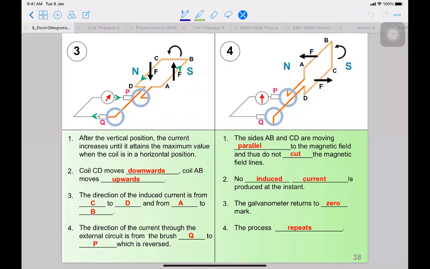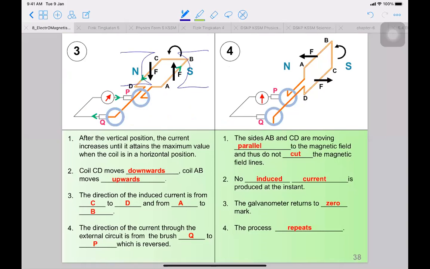Okay, now the third one. Third one, after the vertical position, the current increases until it attains the maximum value when the coil is in a horizontal position. Now, coil CD moves downwards, coil AB moves upwards.